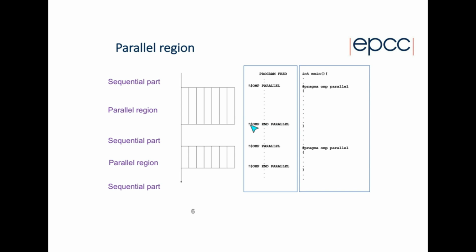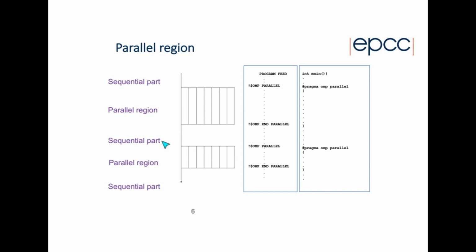And then at the end parallel, or the end of the parallel block in C++, the master thread waits at this point until all the other threads arrive at this point in the code. Okay, so there's an implicit synchronization point here. Once all the threads have got there, then we're now outside the parallel region.